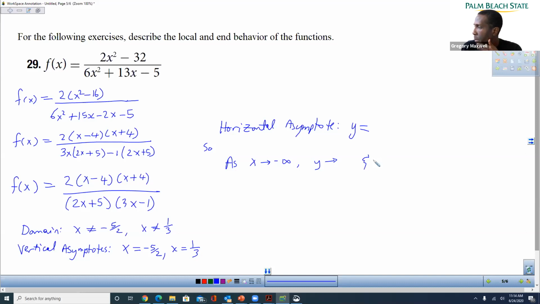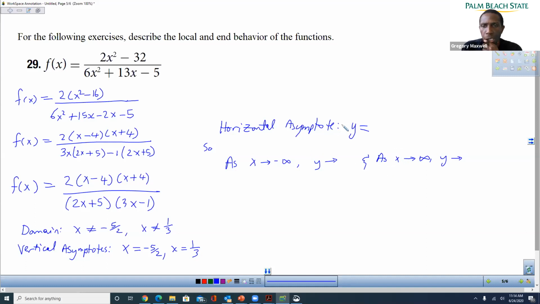What if the degree of the top is bigger than the degree of the bottom? Then there is no horizontal asymptote. Okay, so I think I have an answer here.